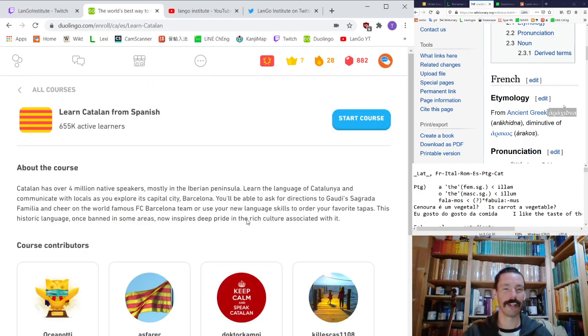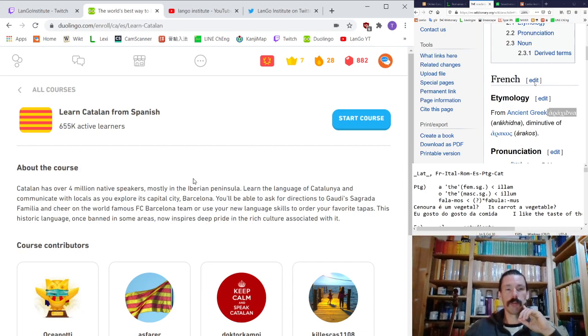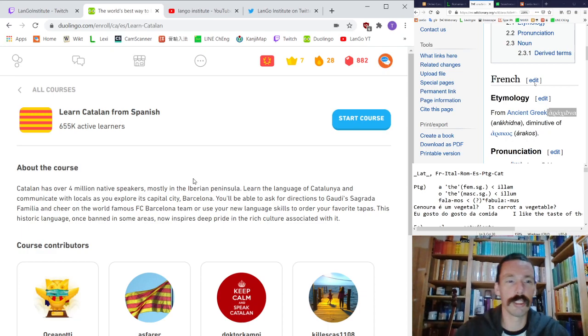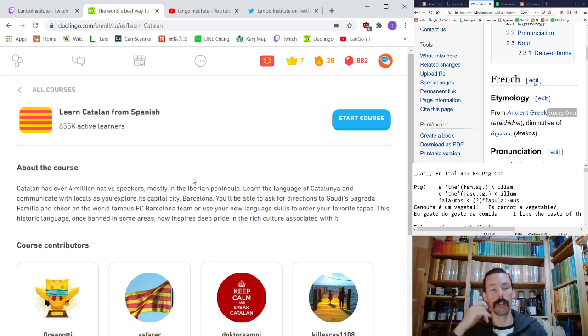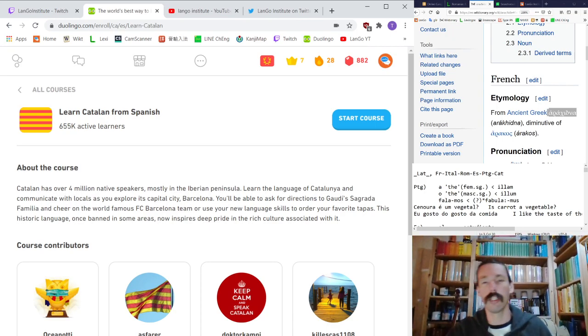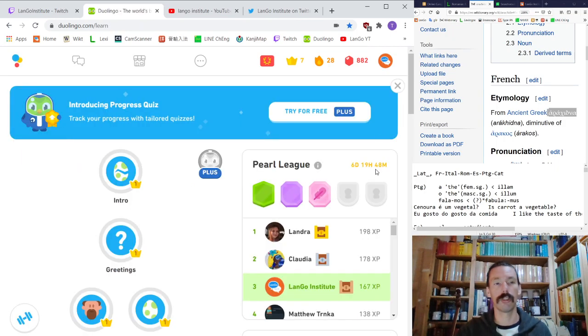And I want to learn Catalan. Over 4 million native speakers, mostly in the Iberian Peninsula. Language of Catalonia, and communicate with locals as you explore its capital city, Barcelona. Be able to ask for directions to Gaudi's Sagrada Familia and cheer on the world famous FC Barcelona team, or use your new language skills to order your favorite tapas. This historic language, whatever that means, once banned in some areas, now inspires deep pride in the rich culture associated with it. Can't wait. So it's taught through the medium of standard Spanish.